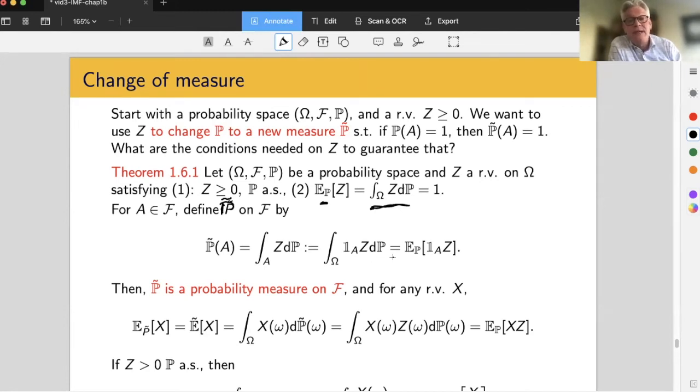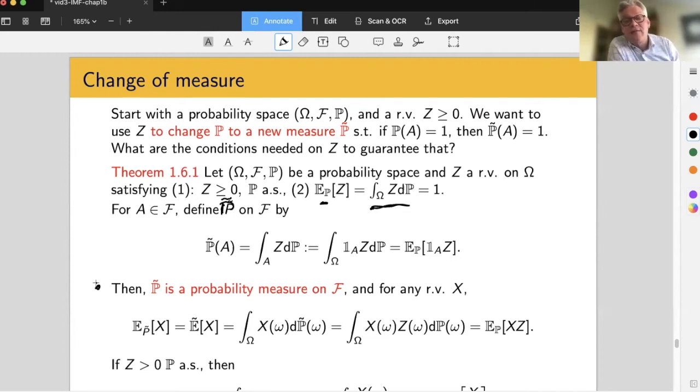And this is equal to the expected value under the P measure of the indicator function of A times Z. So we define the measure P tilde like this. Then P tilde is a probability measure on F.